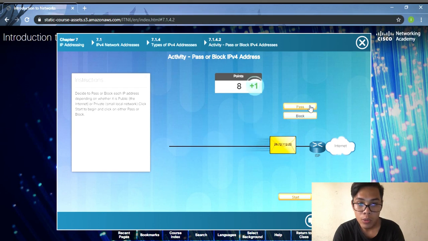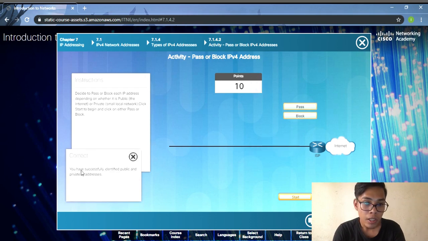This one will pass too. I think this one is pass. Correct, you have successfully identified public and private IP addresses. At first, I think the first 3 we got wrong, but I managed to score 10 points. So let's proceed to the next activity.